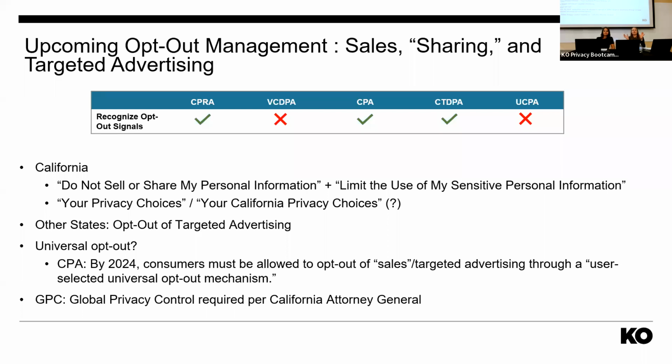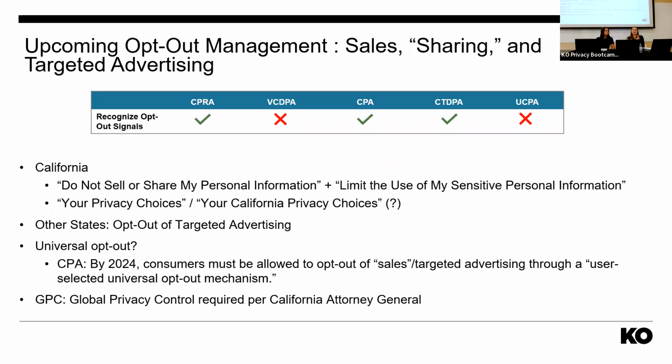And something that is distinct in Colorado's law, and important here, is that by 2024, the Colorado Privacy Act says that consumers must be allowed to opt out of all sales and targeted advertising through a universal opt-out mechanism. So they're moving to this idea of the global privacy control, having one switch that a consumer can click in a browser or in some other way, and it will automatically opt them out of targeted advertising and sales across the board.